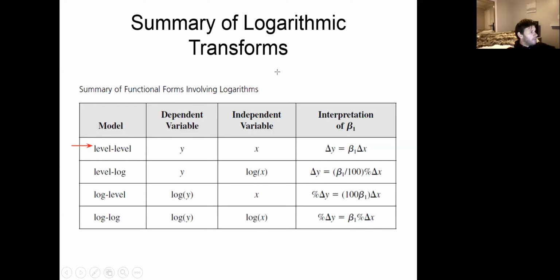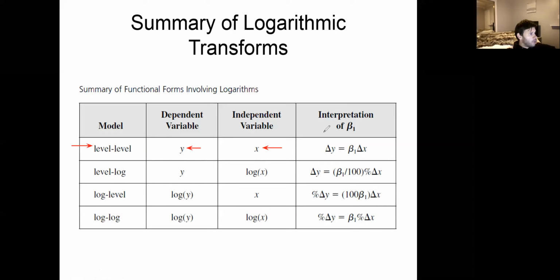In the level model, we can see on the right-hand side we have the x variable, and on the left-hand side we have just the y variable. So we're measuring the level of y on the left and the level of x on the right, which is why it's called a level model.